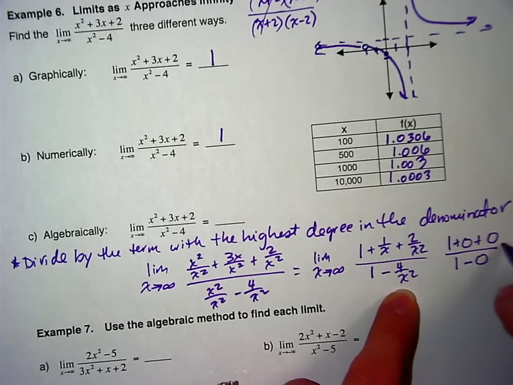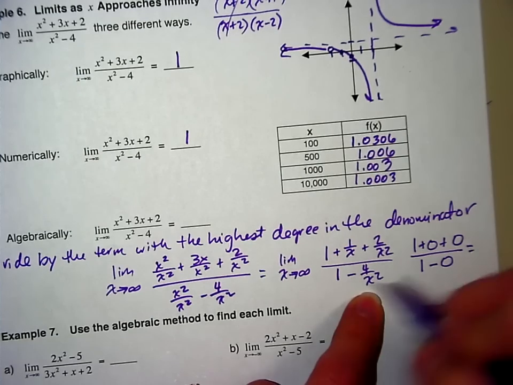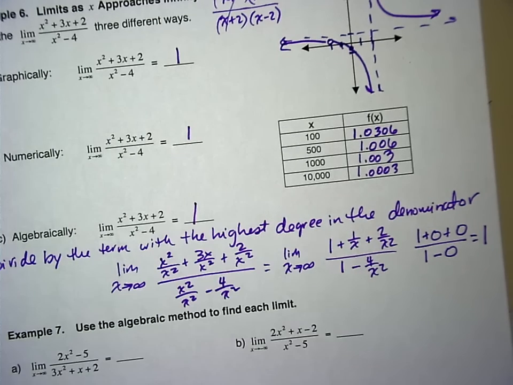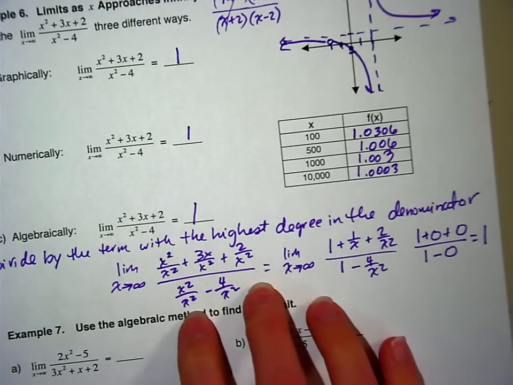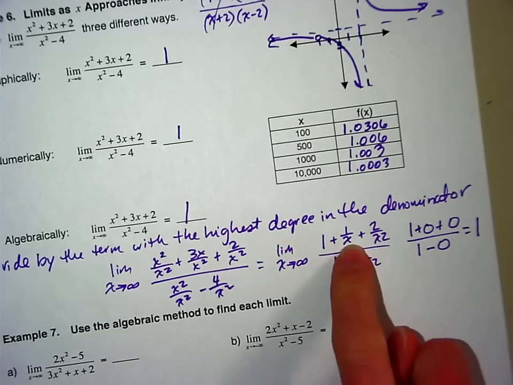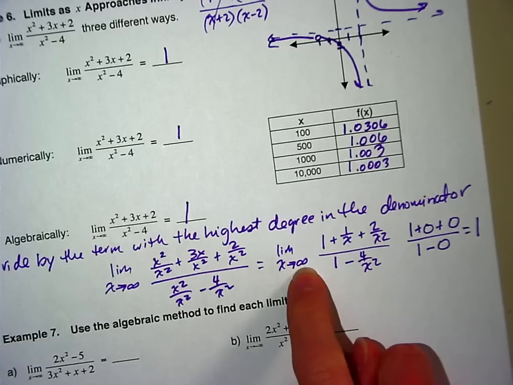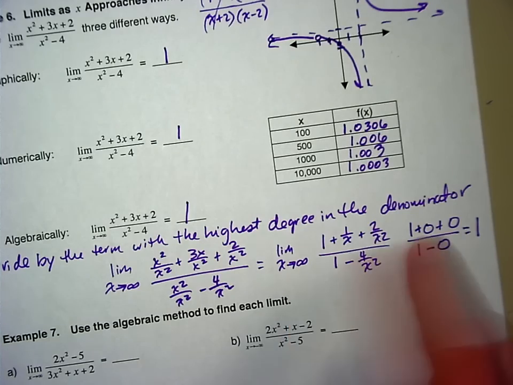So as a result, we get 1 divided by 1, and evaluating this limit algebraically, we get 1. Okay, so the big thing to remember here is that any number being divided by a really, really large number, or as x approaches negative infinity, those numbers are going to look like they are going to be 0.